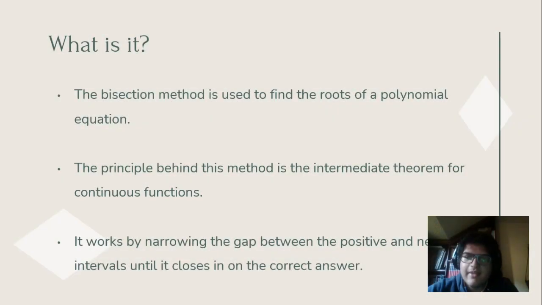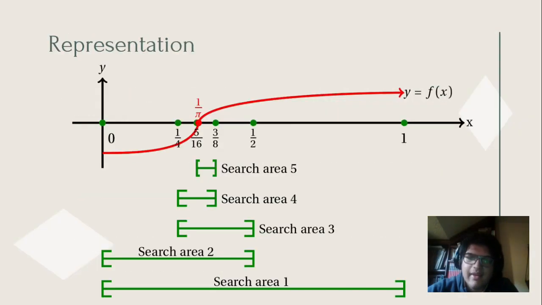Now that the concept was explained, we can watch how the process takes place in a graph for better understanding. In this image, we have a function that has a root at the value 1 divided by p. We know that this value is between 0 and 1, but we can ask, without the graph, how do we know that we should use those values?